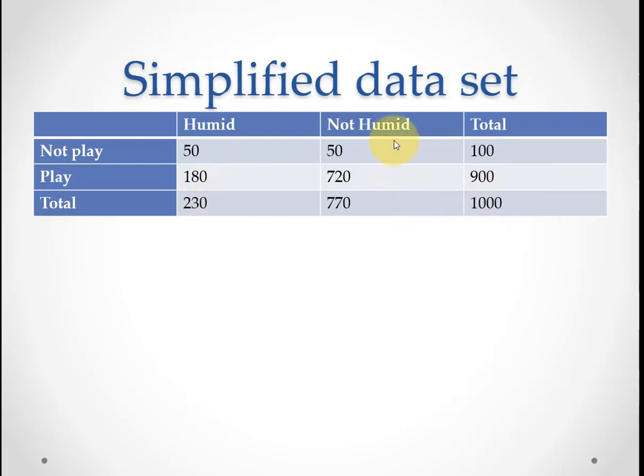When it was not humid, there happened to be 770 people involved in that case, and 50 people did not play when it was not humid, and 720 people did play when it was not humid, and that gives us the 770.